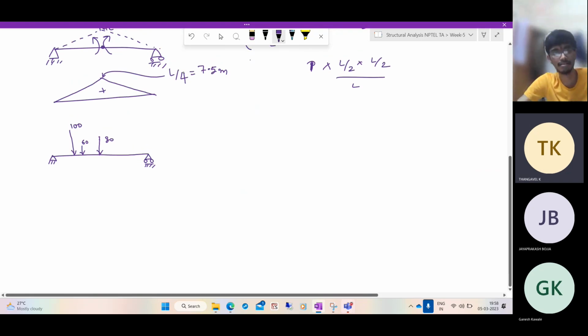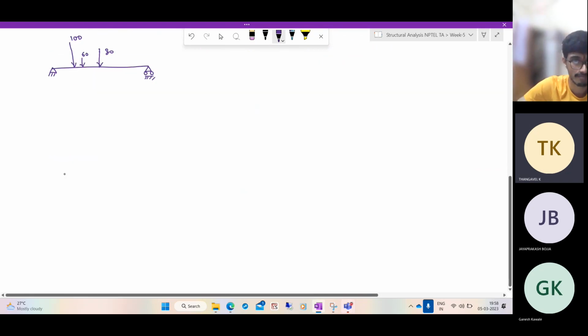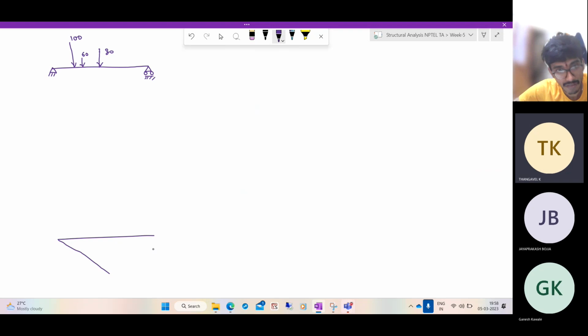In this case, what will be the bending moments? Okay, so we have this. This is the ILD for the bending moment at midspan. The maximum is 7.5.